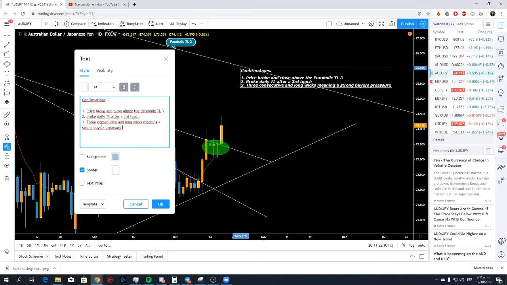Buyers got control right now. You gotta learn how to read candles. Candles are basically telling you the future.